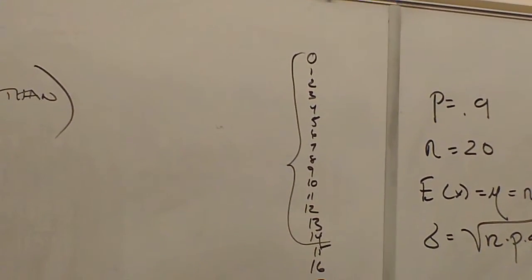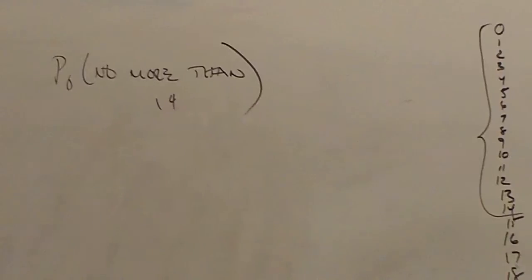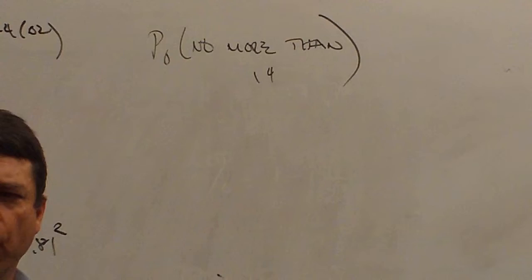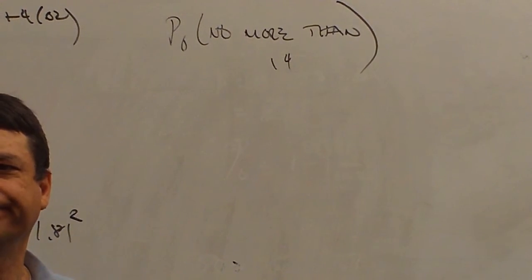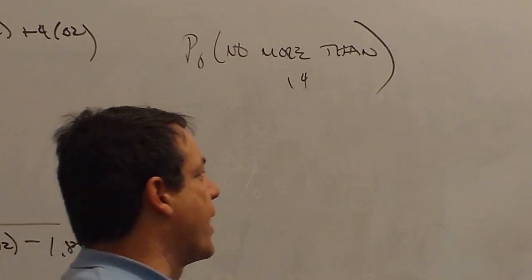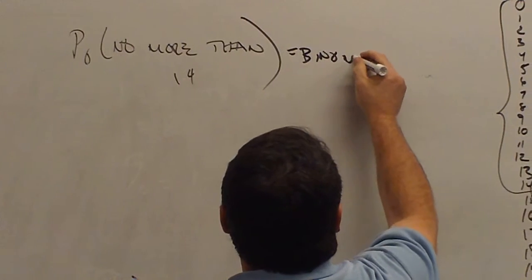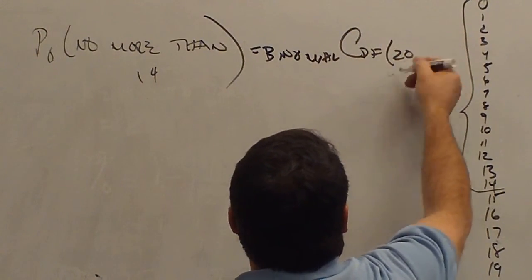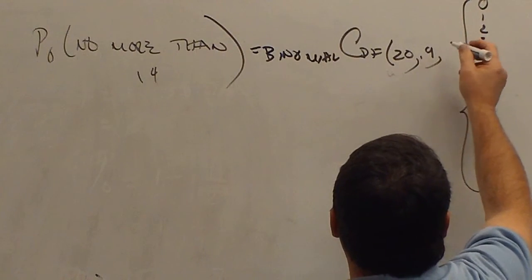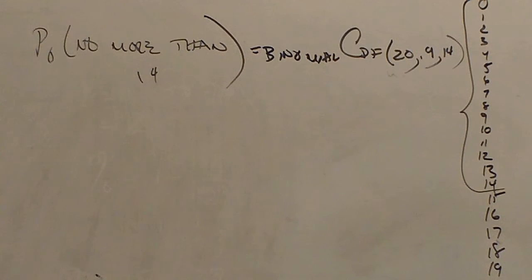It's kind of a tongue twister, isn't it? No more than 14 would be everybody who's not above 14. So how do I find that number? I find that number by binomial CDF 20 comma 0.9 comma 14. Why the C? Because it's cumulative.